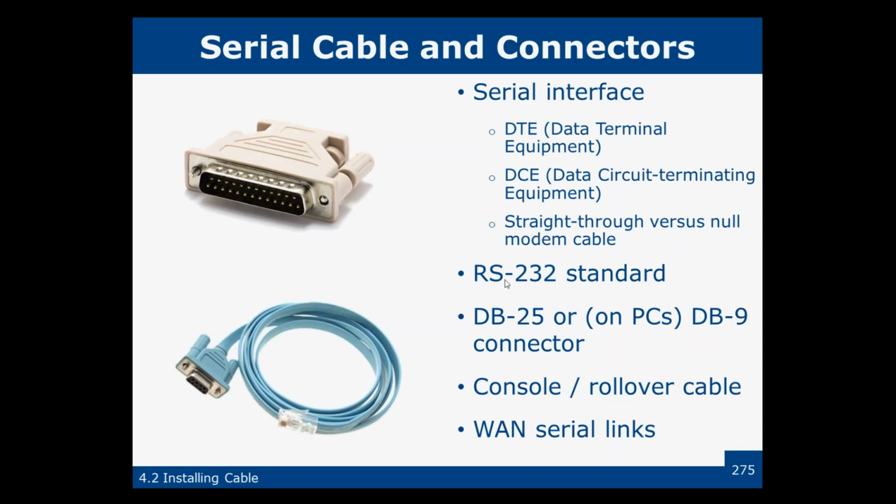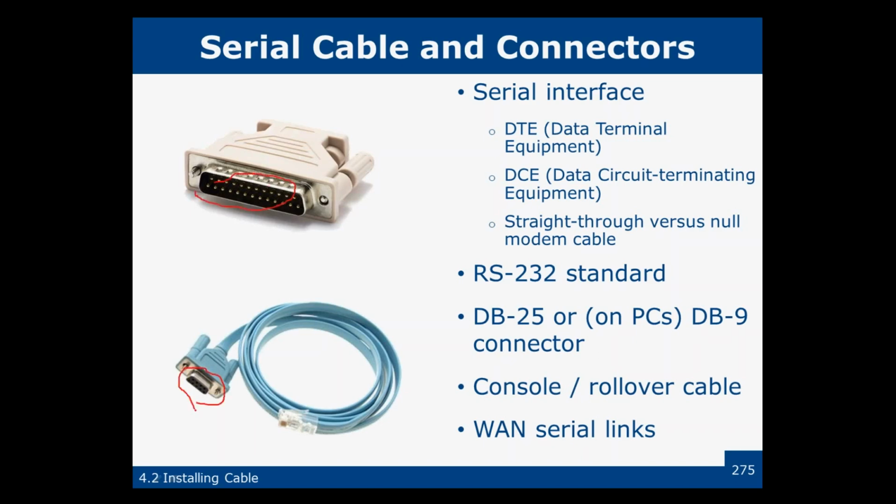null modem. The standard that's used for the serial interface is the RS-232 standard, and the DB25 pin on PCs and a DB9 connector is what works on these things. If you have the big serial port, the DB25, we have the 25 pin here.